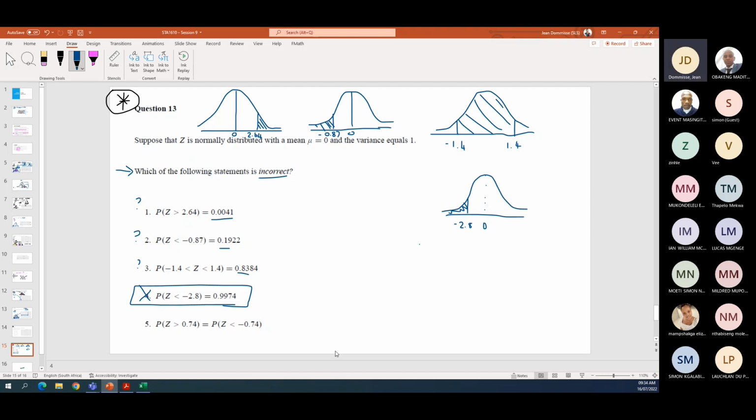And then they ask, is the probability of Z bigger than 0.74 the same as the probability of Z smaller than 0.74?